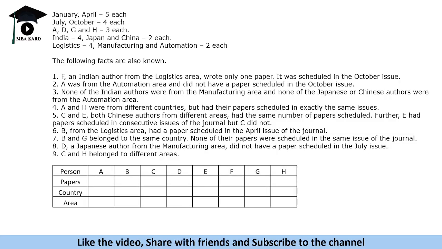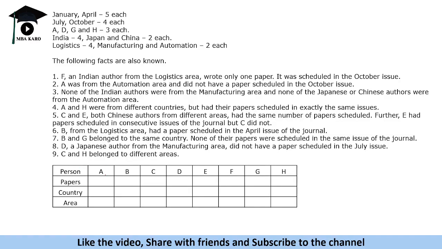And also, like I've jotted down the points that I wrote before: January and April 5, July and October 4 each, and these 3 people wrote 3 papers each. Okay, now these are the areas and these are the number of people from different countries. So what we will do, we will formulate a table.